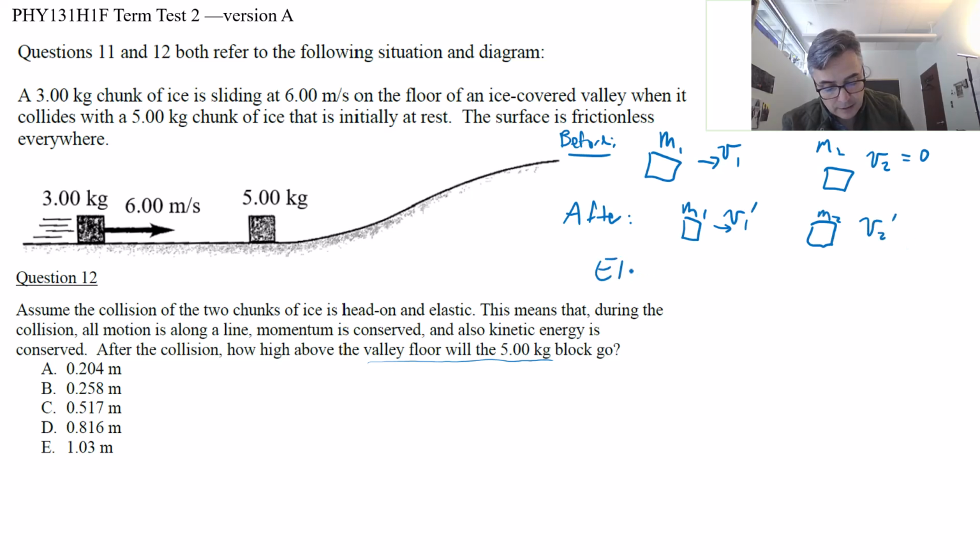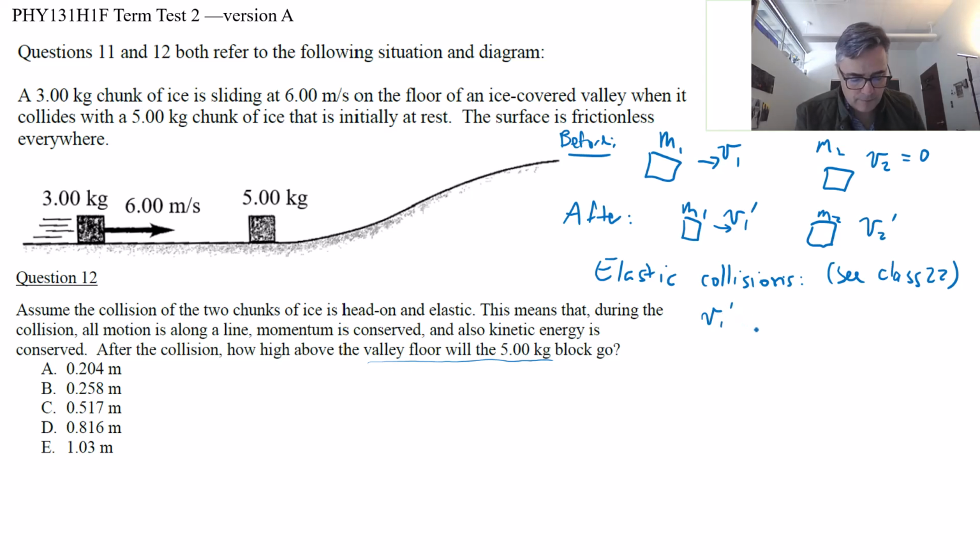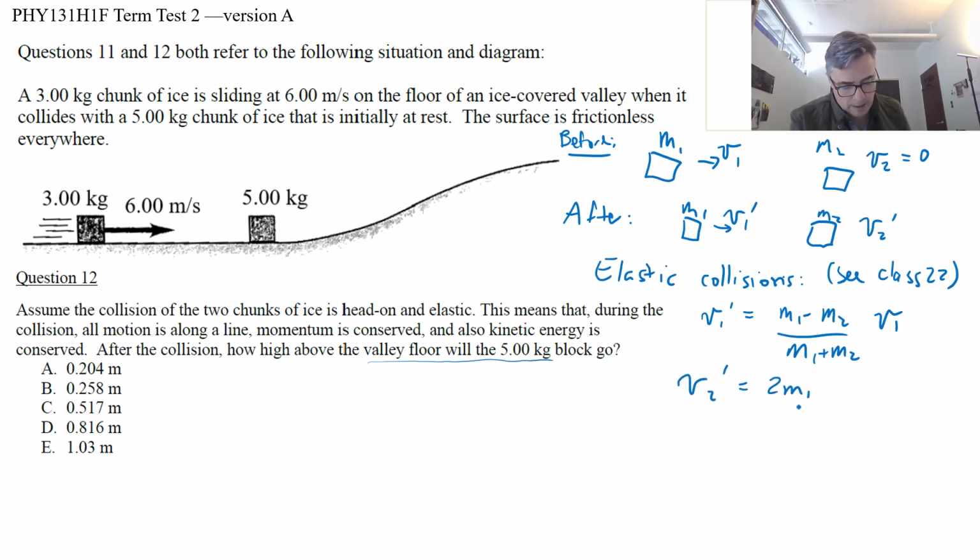And for elastic collisions, we have the handy equations from my aid sheet, which we did in class 22: v1 prime is m1 minus m2 over m1 plus m2 times v1, and v2 prime, which is what we care about, is 2 m1 divided by m1 plus m2 times v1. So that's what we want, because we're looking for how high m2 gets up.